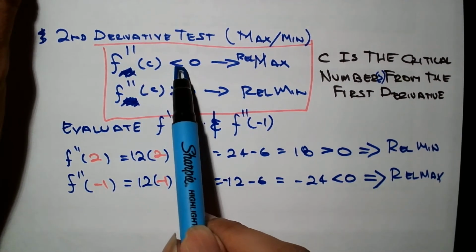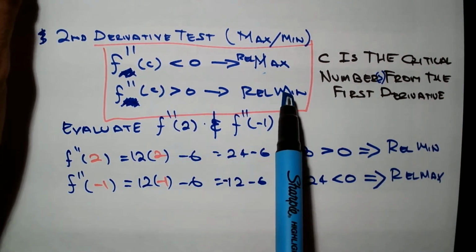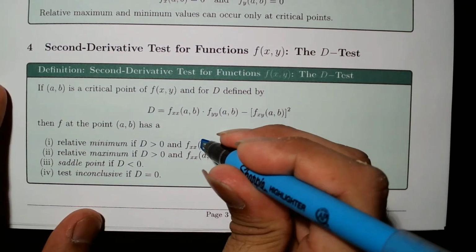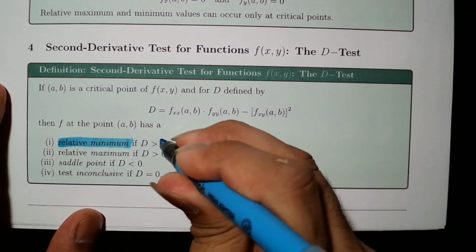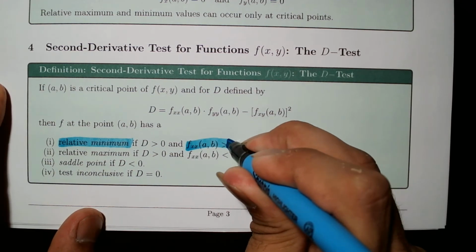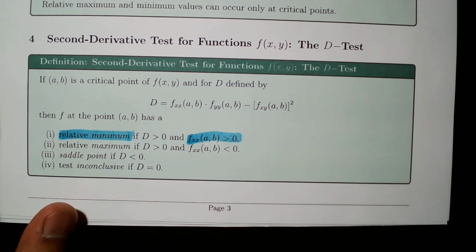Second derivative less than 0, relative max. Second derivative greater than 0, relative min. What do we have here? We are going to have a relative minimum if D is greater than 0. For now, don't look at D. However, if the second partial is positive, relative minimum.